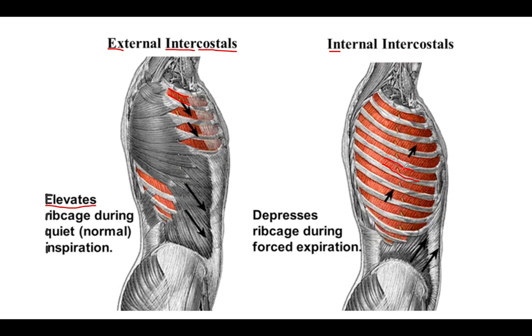And so when it contracts, it's going to pull the rib in that direction. It's going to pull the rib inferiorly, depressing the rib. Okay, so it's kind of the opposite.